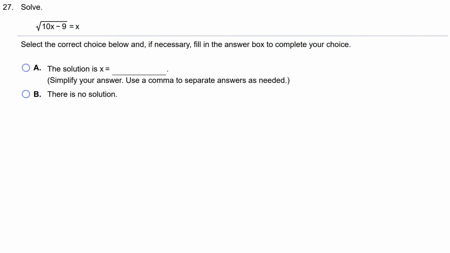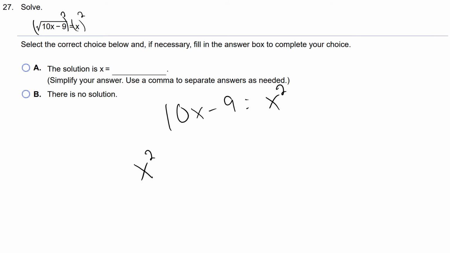We look at number 27. It's another radical. This one's a square root, so we're going to square both sides. When we do that, it blows up the radical on the left, but it gives us an x squared on the right. To solve a quadratic, meaning we have an x squared in it, we're going to get it equal to 0 by subtracting everything over there.